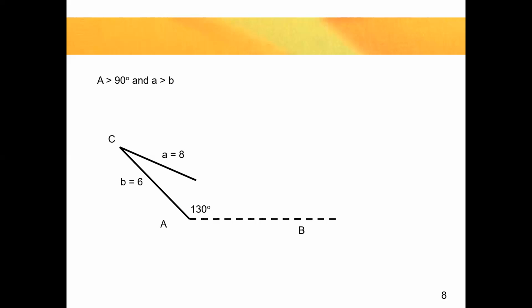Obtuse angle on my hands. And the good thing is, with obtuse angles, we can't get 2 solutions, not possible. We just need to get to the other side. So to draw it out, we just need to get this side all the way to here, and we have just one triangle. One solution only. See, just extending it does work. This is case number 6.